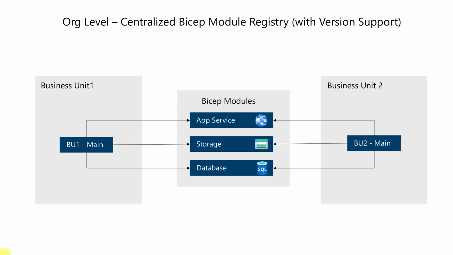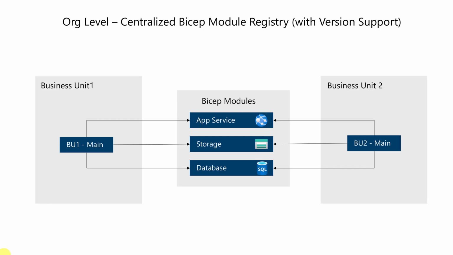Now we need to follow an architecture wherein the Bicep modules are common for everyone and reusable across all the business units in the organization. That's the recommended approach when you want to build reusable components for various business units within the organization. Definitely this is possible and supported by Bicep.